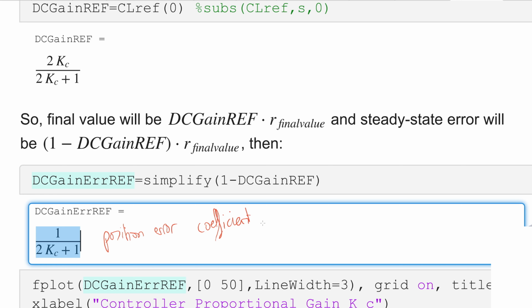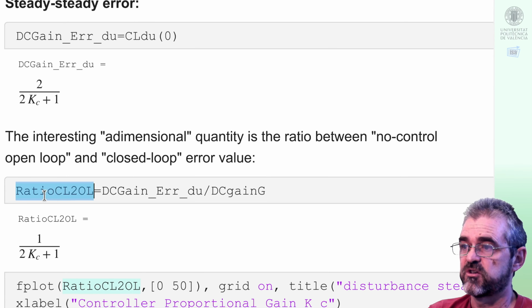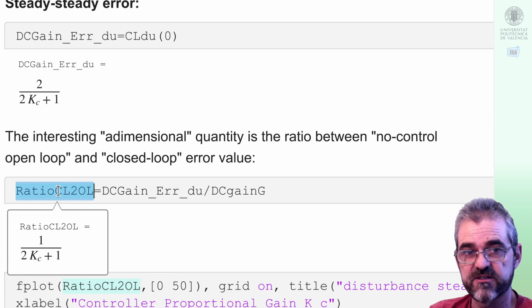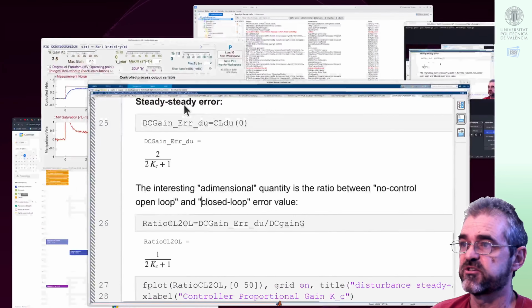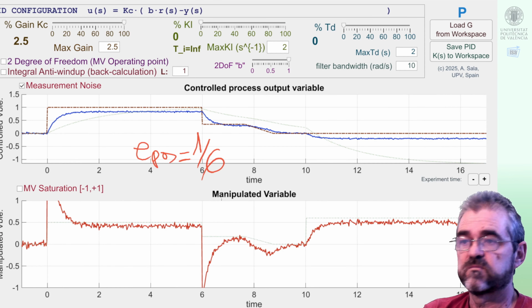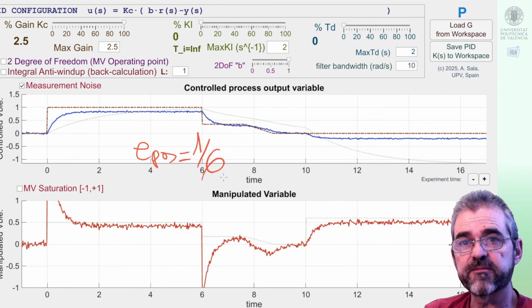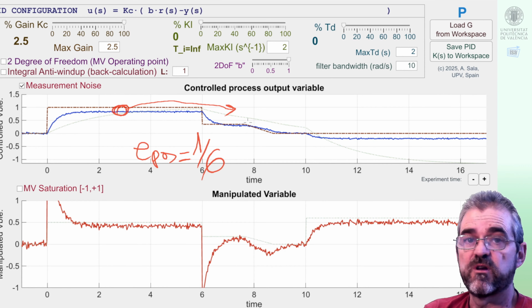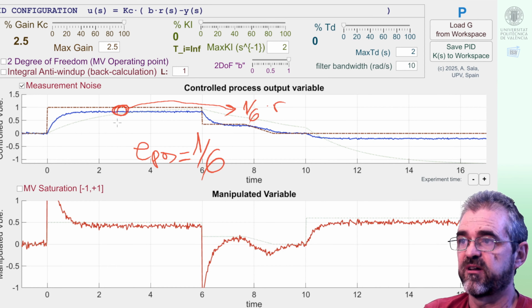So our conclusion is that, with kc equal 2.5 for instance, this will be 1 over 6, and so it will be this ratio closed loop to open loop in input disturbance rejection. In our simulation, the position error coefficient 1 over 6 will tell me that this error here will be 1/6 of the set point value.